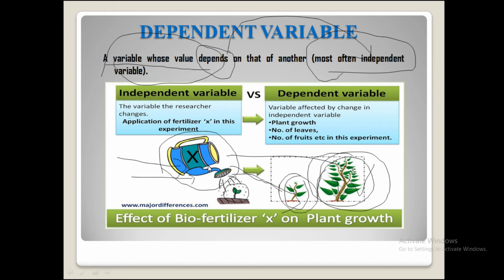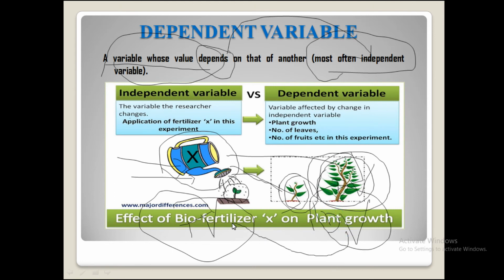Increasing the quantity of fertilization and watering increases the size of the dependent variable. So this is the effect of biofertilizer X on plant growth. This is the independent variable, IV, and this is the dependent variable, DV.